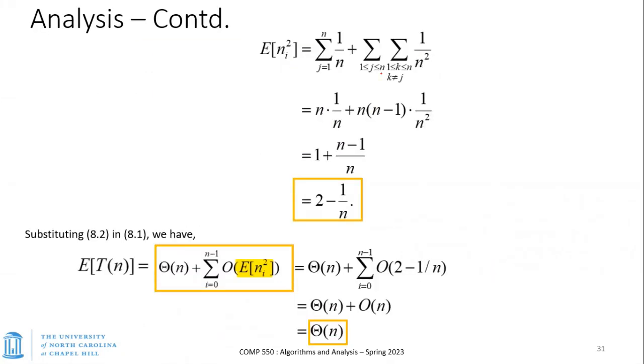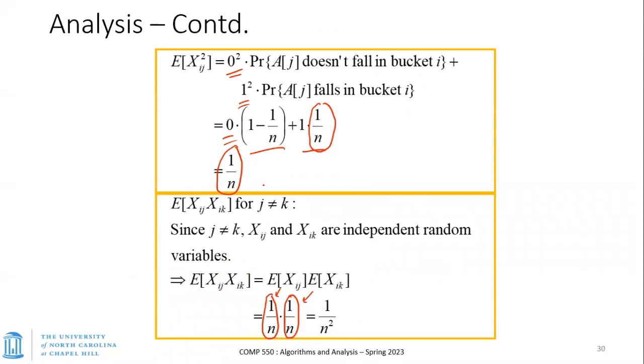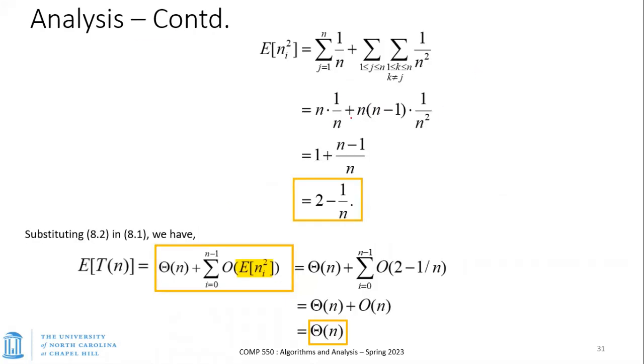We simply plugged in these values over here: 1 upon n over here and 1 upon n squared. 1 upon n times n, because it's going from j equal to 1 to n, so these n's cancel out, and then you've got a double summation. 1 upon n squared is a constant, and the double summation simply is n times n minus 1.